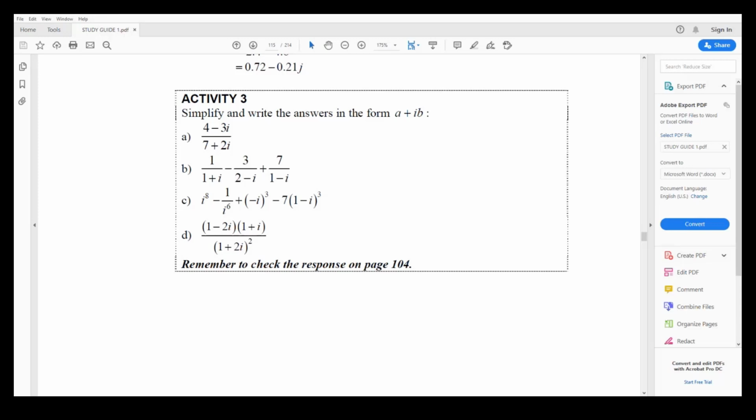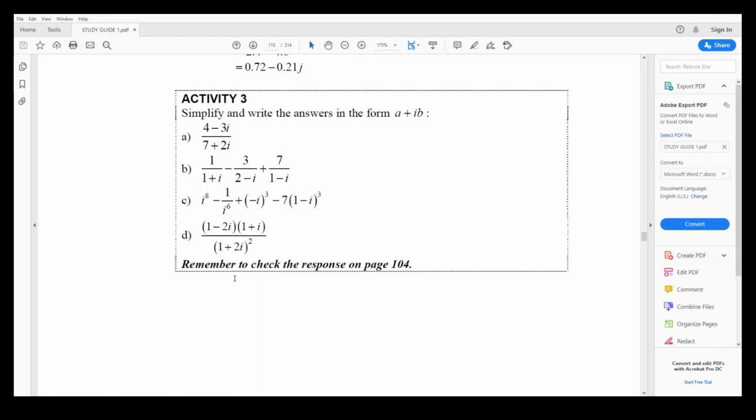So I do not anticipate you guys having serious impediments to solve activity 3A, because what you will do there is, again, multiply on the right-hand side by 7 minus 2I over 7 minus 2I. Remember here, guys, I and J mean the same thing, square root of -1. It's just that you prefer to use J, because I is used for currents. We will do the B part together.